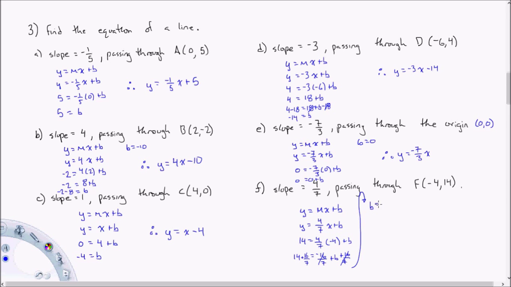So we'll say that b is equal to, we'll just write it out again, 14 plus 16 over 7. And this 14 is like 14 over 1, because 14 over 1 is 14. And now for us to add this, we need to find a common denominator. So a common denominator between 1 and 7 is 7, because they both can be multiplied by integers to get to 7. So we have something over 7 plus something over 7.